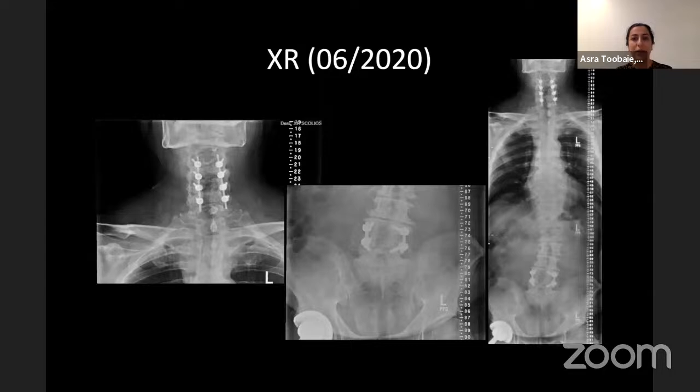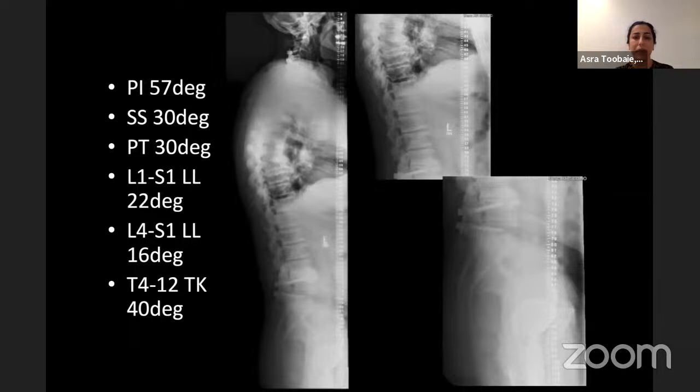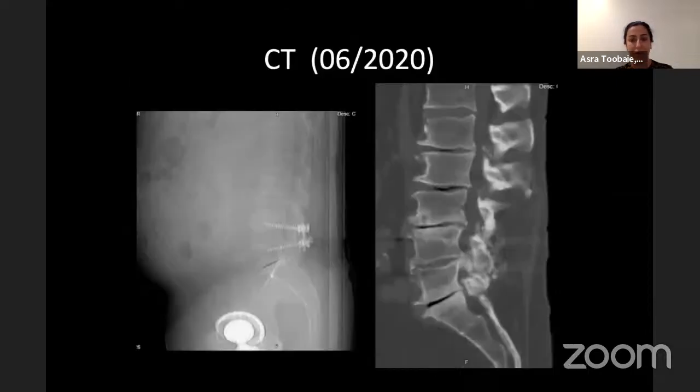Fast forward, this is when the patient was seen in our clinic. Again, there is evidence of degenerative changes above and below the fusion segment, as well as a mild progression of degenerative scoliosis in the lumbar spine. Overall, patient had compensated balance, but there is evidence of flat back and retroverted pelvis.